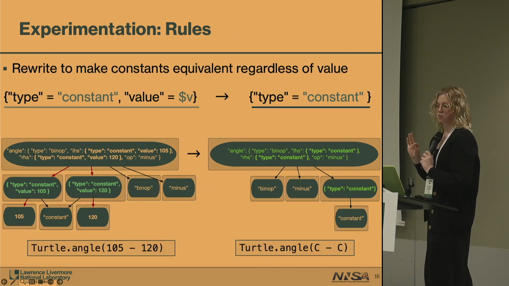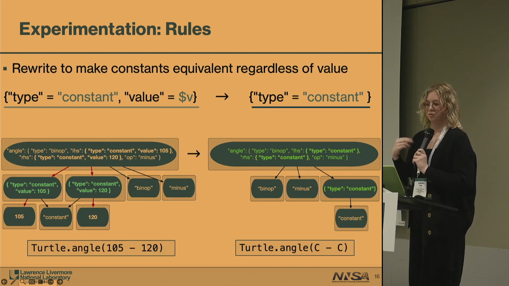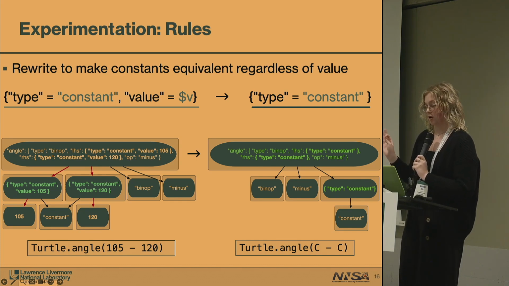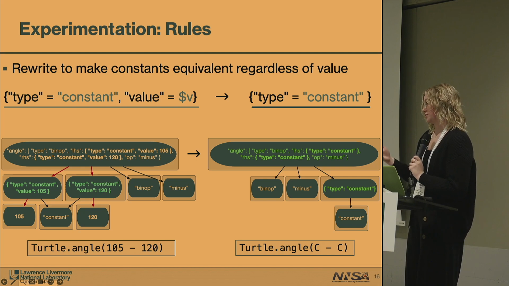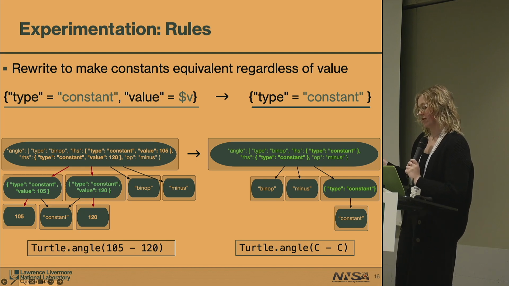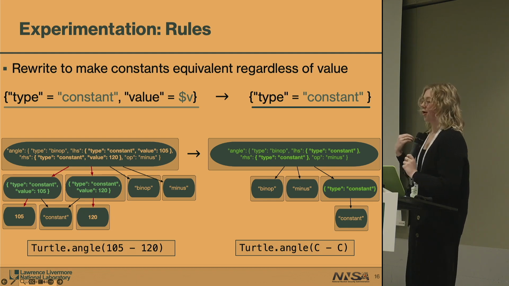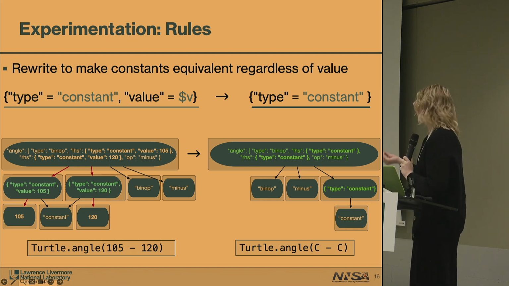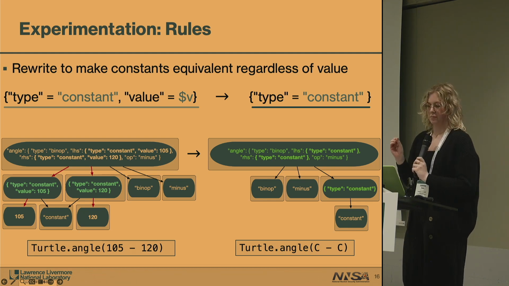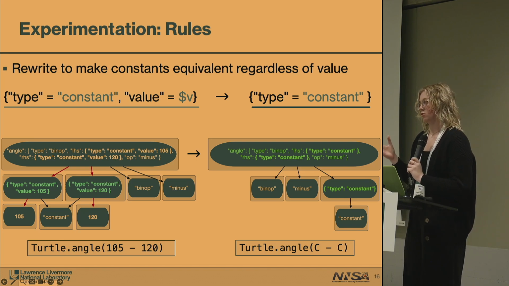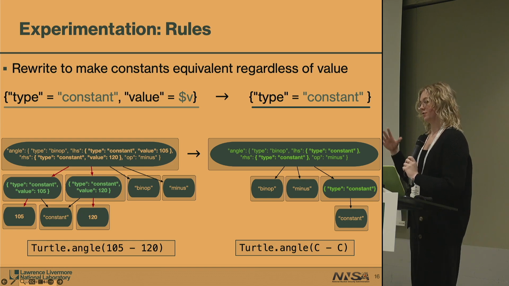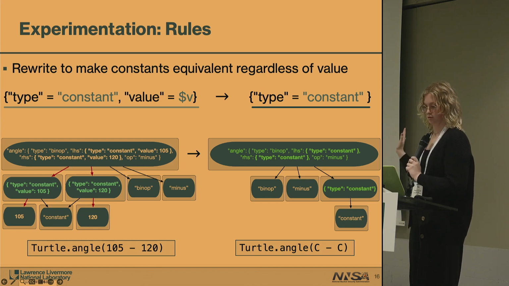And finally, we're going to do one final rewrite. So we're going to make all of the constants equivalent regardless of their value. Again, for the purposes of testing our tool, this is a valid rewrite because we just want to ensure that the tool can handle the way that constants behave in the program as arguments to functions and in binary operations, variable assignment. But of course, this rule may not be valid in a different context, so these are context-sensitive equivalence rules.